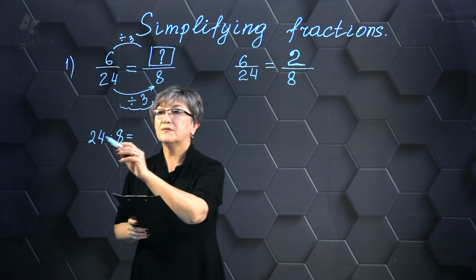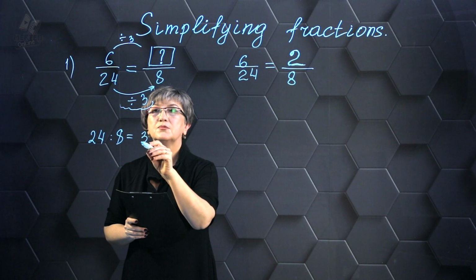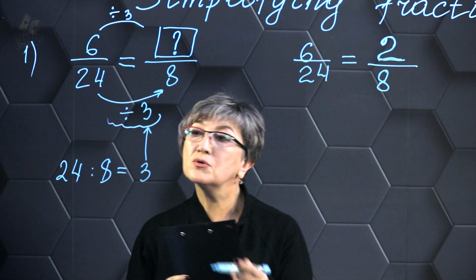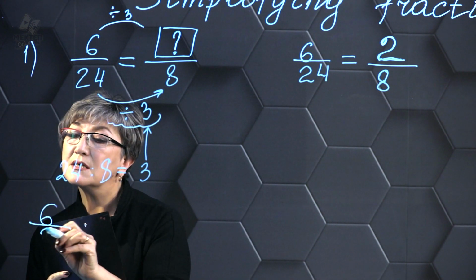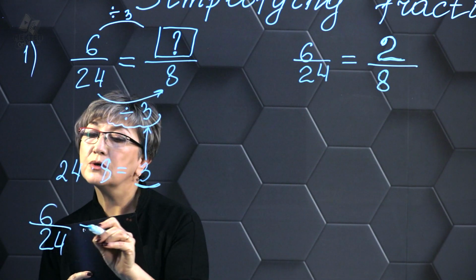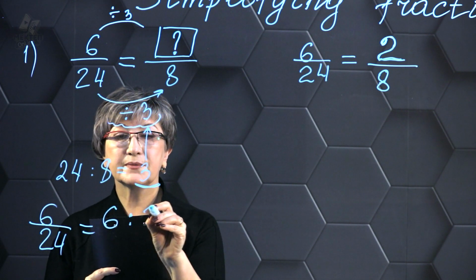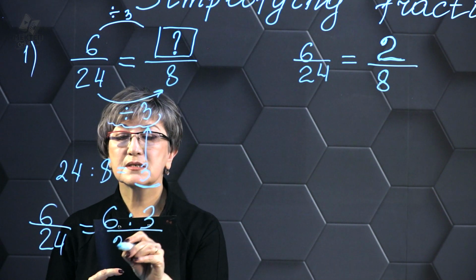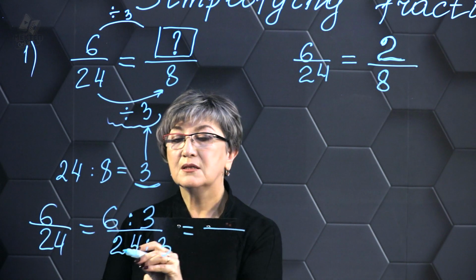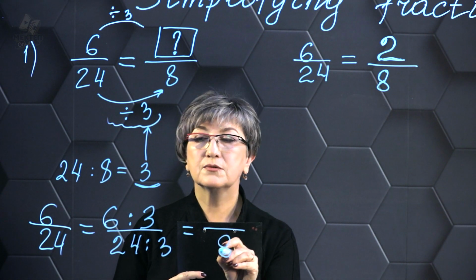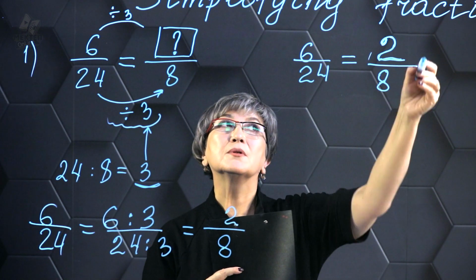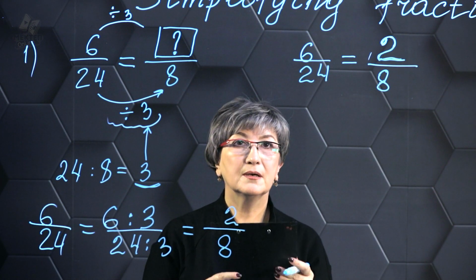So I will divide 6 by 3, which will yield the desired outcome. And I will divide 24 by 3. Thus, 24 divided by 3 will be 8, and 6 divided by 3 will be 2. In principle, we obtained the exact same response.